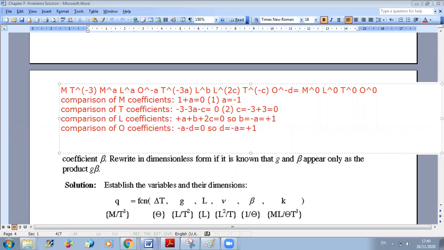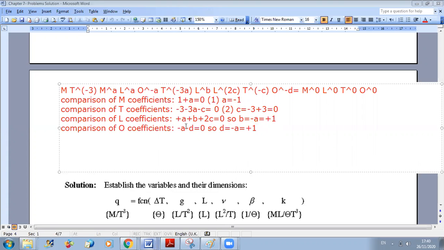Anyway, if I did any error, I can know when I form the group. When I obtain my group, I can make sure of the dimension. So let us check together. My group is Q times my first variable, which is to the power A, was K. I obtained that A is -1, so it should be over K. Now for the second variable, which is L, B is the coefficient.